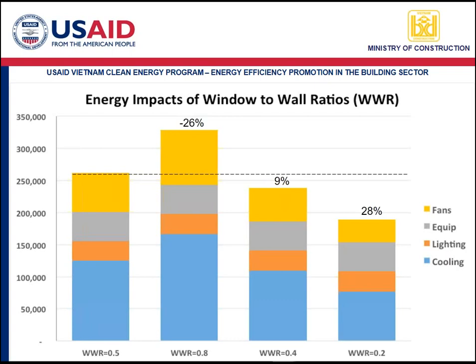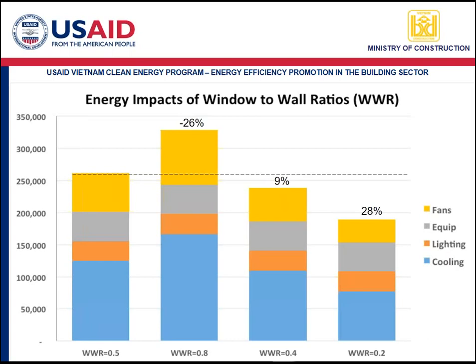Ngược lại nếu ta giảm tỷ lệ cửa sổ xuống còn 20% thì mức độ tiêu thụ năng lượng giảm. So for design objectives, for view of the outside, for daylighting, you don't need more than 40% window. If you have an 80% window wall ratio, you're wasting 35% of the building's energy.